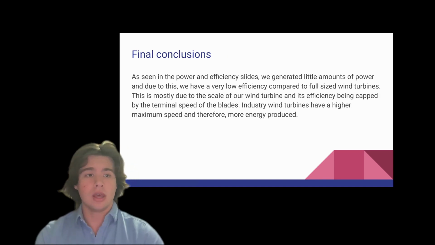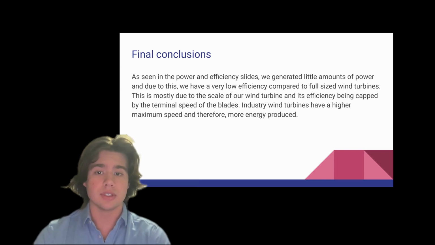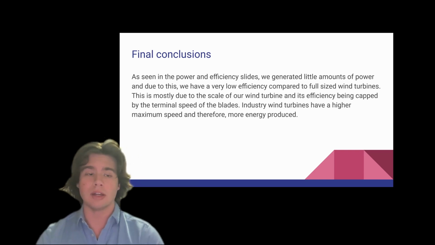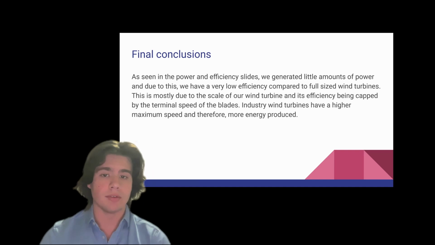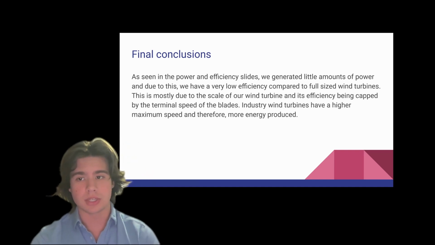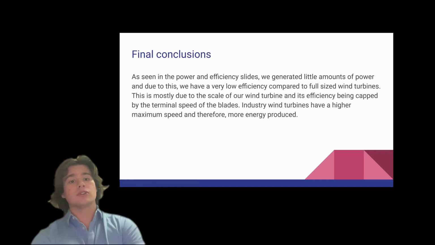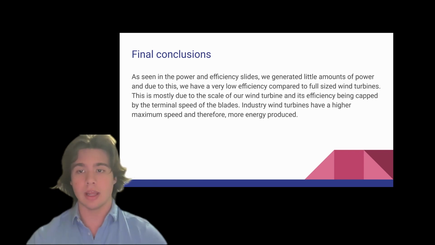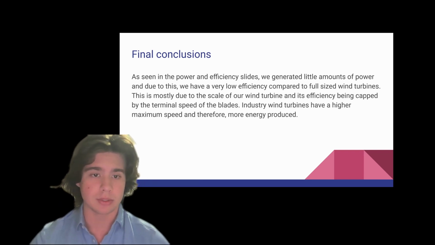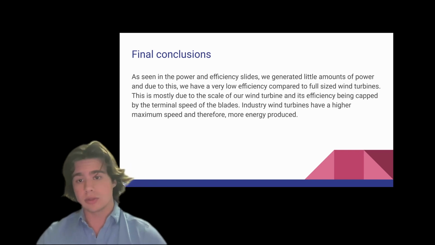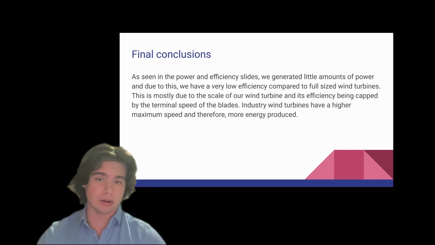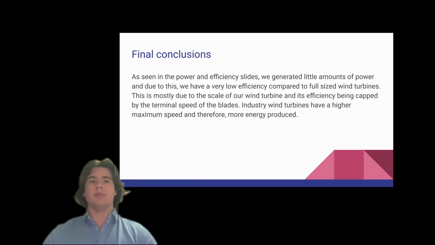Final conclusions. As seen in the power and efficiency slides, we generated little amounts of power, and due to this, we have a very low efficiency compared to full-size wind turbines. This is mostly due to the scale of our wind turbine and its efficiency being capped by the terminal speed of the blades. Industry wind turbines have a higher maximum speed and therefore more energy produced.